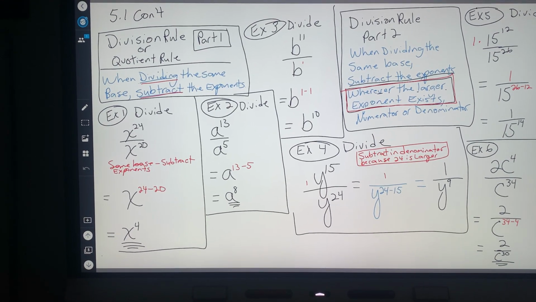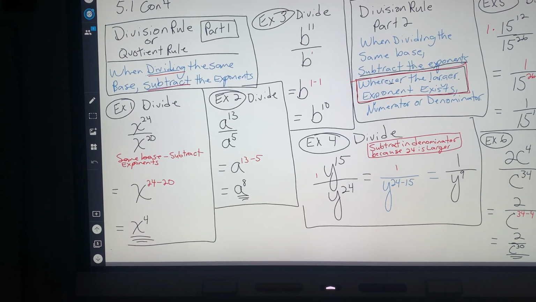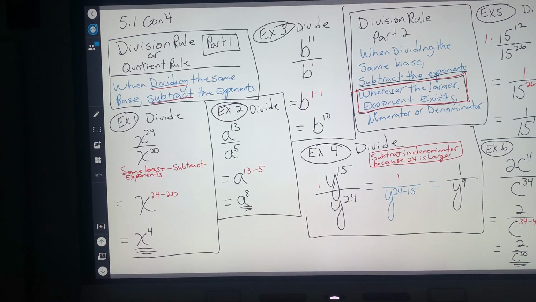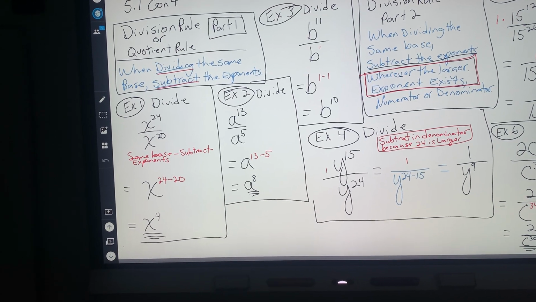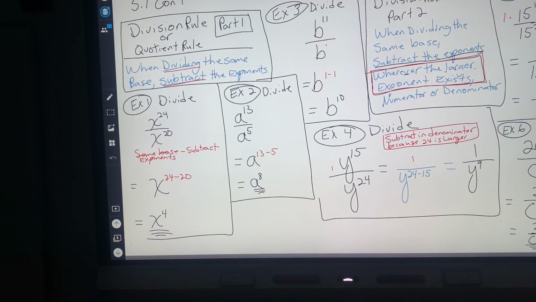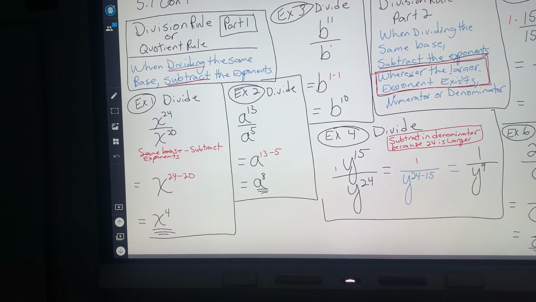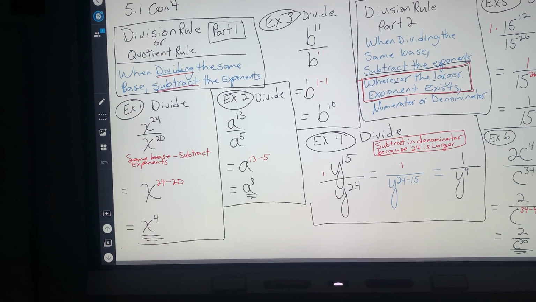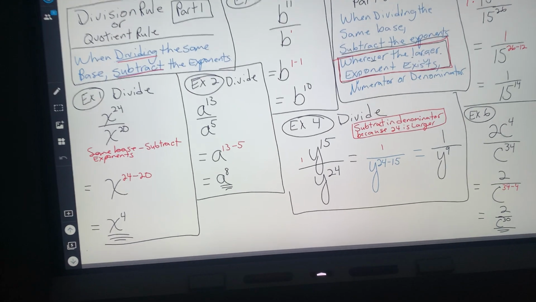Like in example 4, we have y to the 15th over y to the 24th. The exponent is larger in the denominator, so we do the subtraction in the denominator. What's up top is whatever number is in front of the variable already. We have y to the 15th, but that's really saying 1y to the 15th. So 1 stays up in the numerator, and that's why we get 1 over y to the 9th power, and so on.